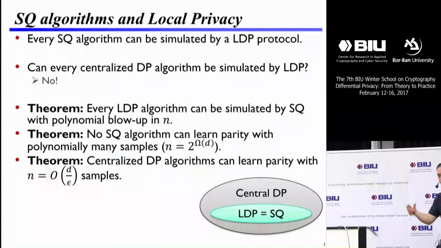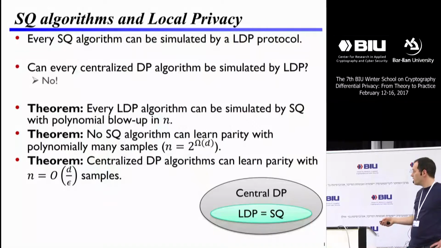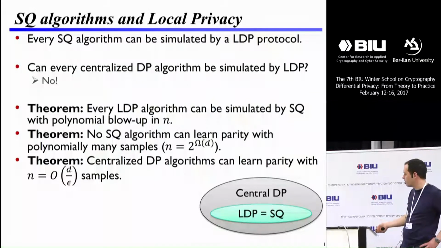They're the same class of problems. The second theorem says that there's a problem outside of this green blob, namely learning parity. And the final theorem says that that problem lies inside of the gray blob. And so these bubbles are actually really distinct.